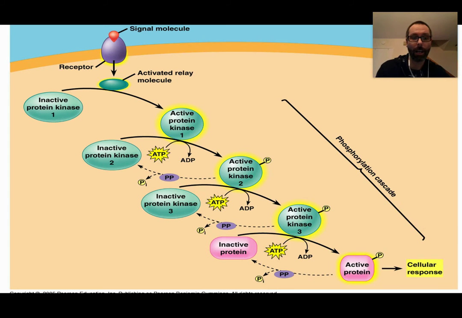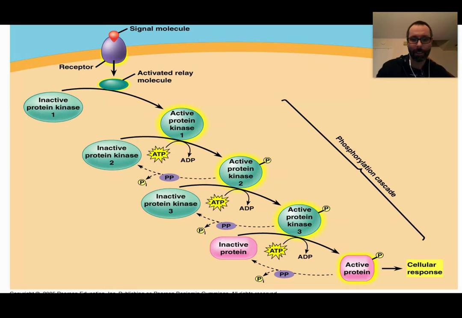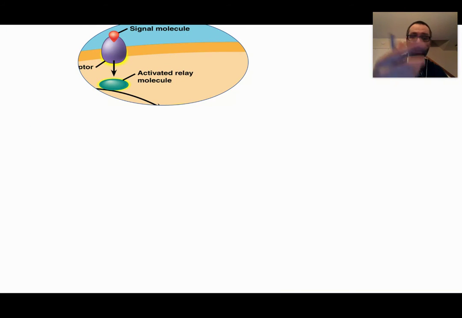And so I want to start at the beginning, and I'm only going to focus right there, right? So, of course, on my screen, I can make the other parts go blank, but when I'm looking at this, my eyes are only focused here, and I'm not paying attention to any of this other nonsense down there, right? Because it's only going to make things complicated and confuse me. So step 1 is reception. We know that. Reception usually has some sort of activated relay molecule.